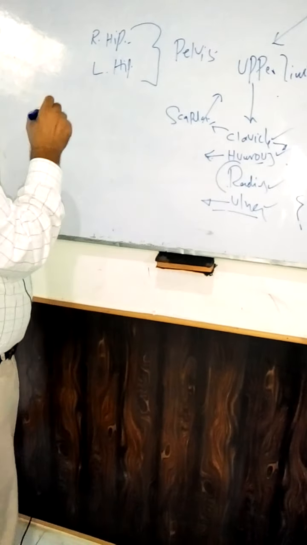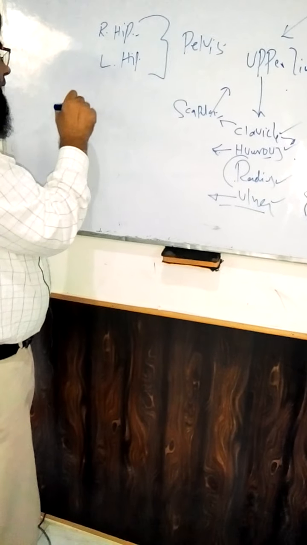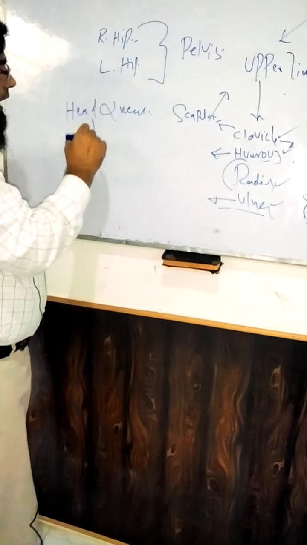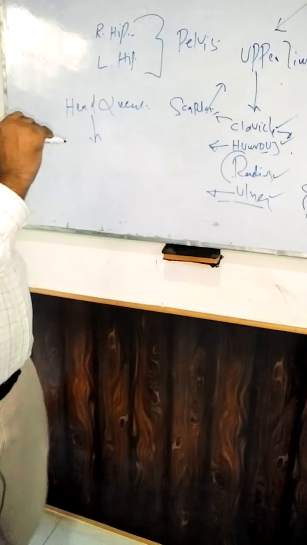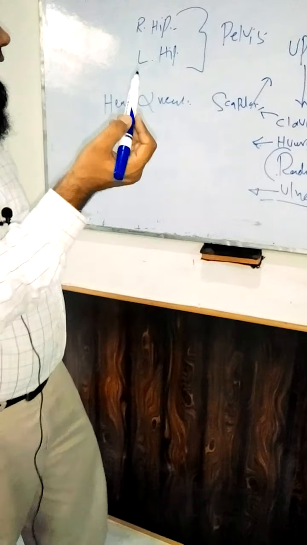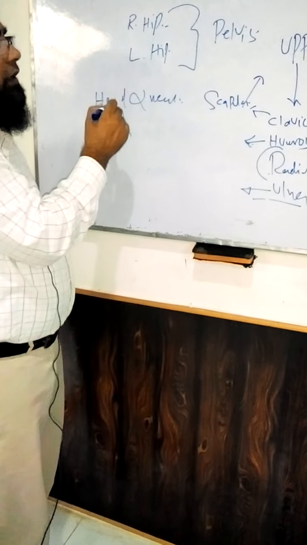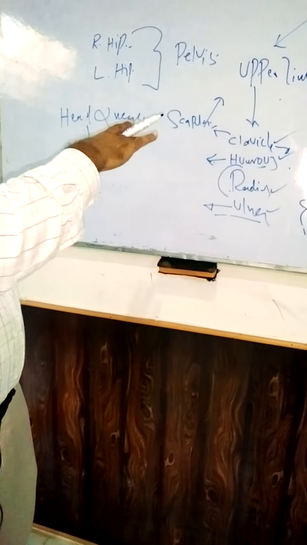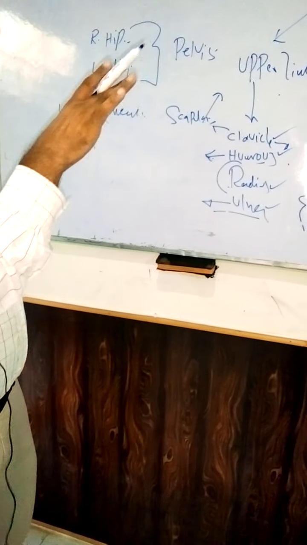And if we come to the head and neck, there we will discuss the anatomy of the head, face, and neck. All this anatomy is called head and neck anatomy.